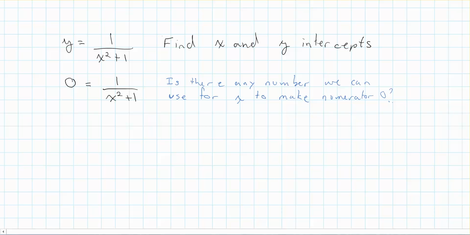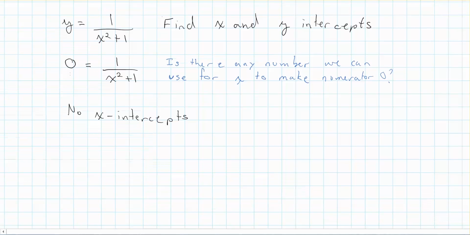And of course the answer here is no, because there's no x in the numerator. The numerator is always 1. So all this means is that we have no x-intercepts. So I like this one just because, again, you don't have to have x-intercepts. All right, well let's now talk about the y-intercept.